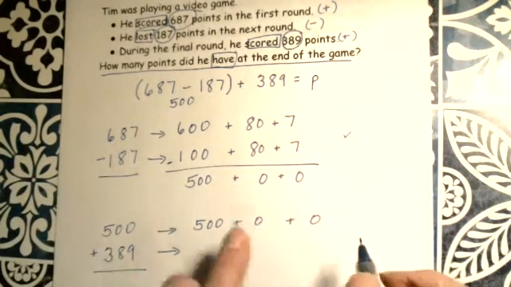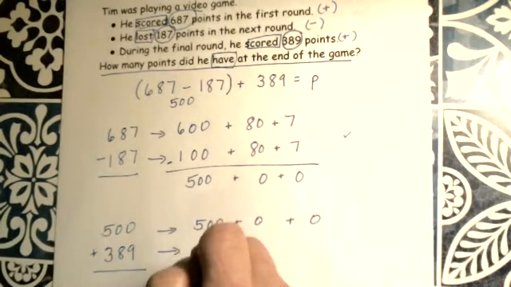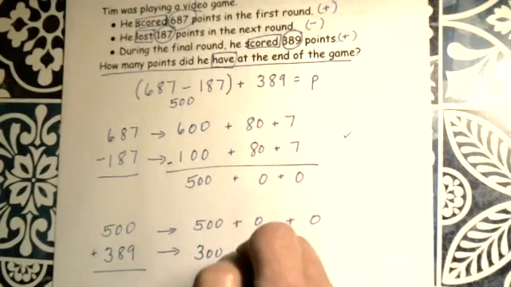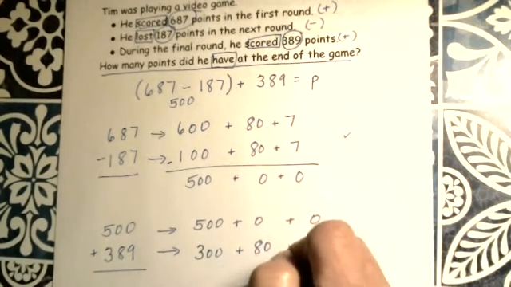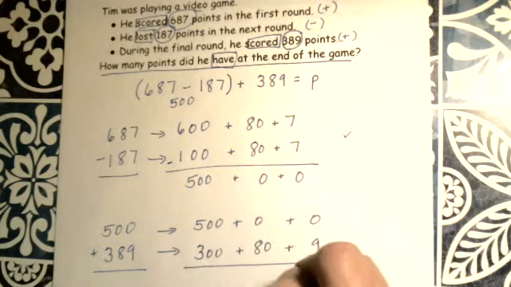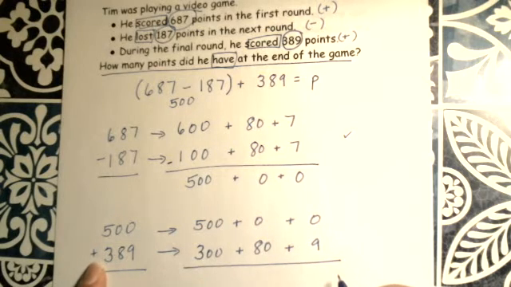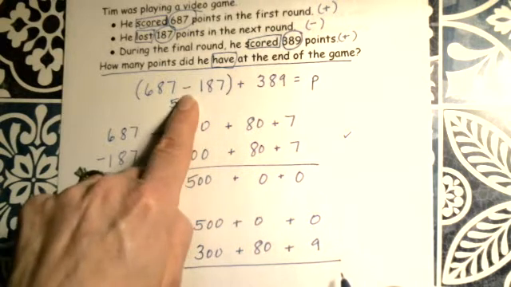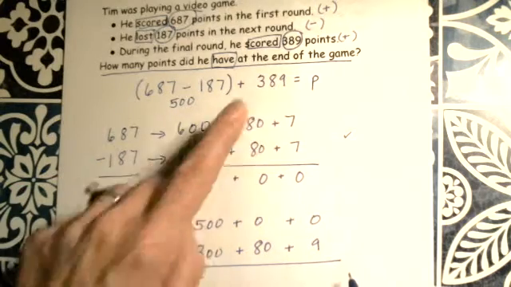There is nothing in the tens and nothing in the ones. 389 is 300 plus 80 plus 9. Now remember, for this one we are adding. That was the end here, the 500 plus 389.